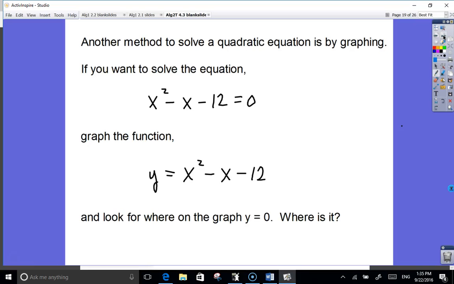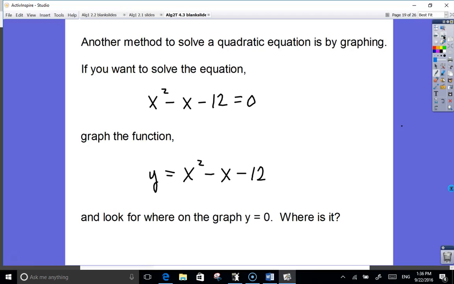This is a function that has a graph. If you want to find the solutions on that graph, you need to find where y equals 0. On the graph, where does y equal 0? On the x-axis. So what are you looking for on the graph? You're looking for the x-intercepts.